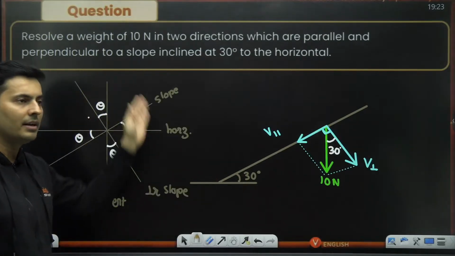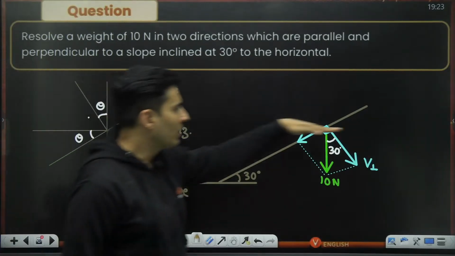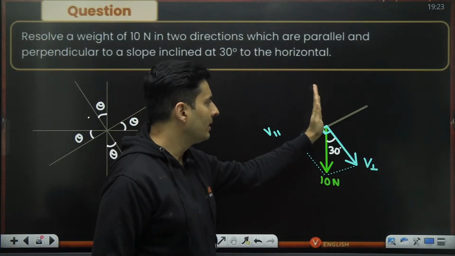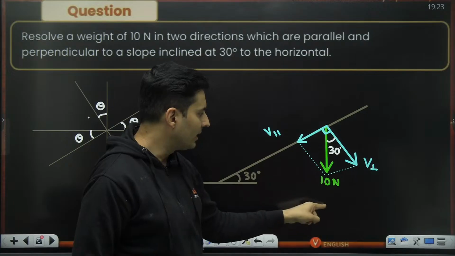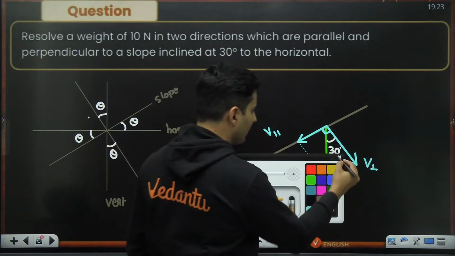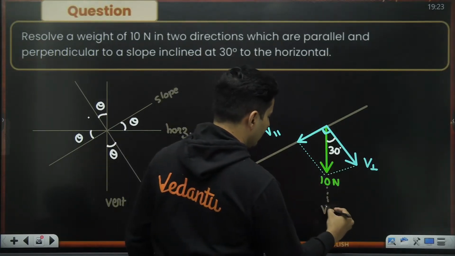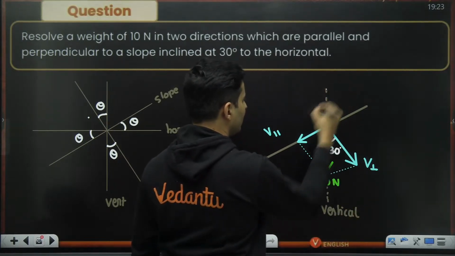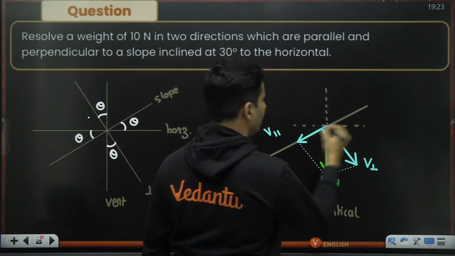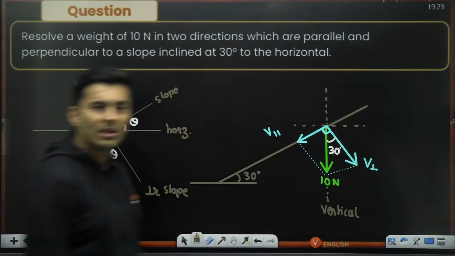You divide the figure into 8 parts: horizontal, slope, vertical, and perpendicular to the slope. As you can see, this is perpendicular, this is vertical. This particular thing is basically in the vertical direction. As you can see, this was horizontal and this was along the slope. That's it.